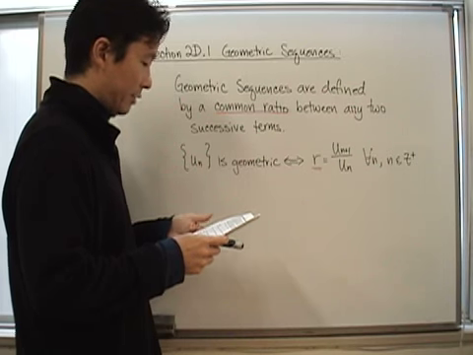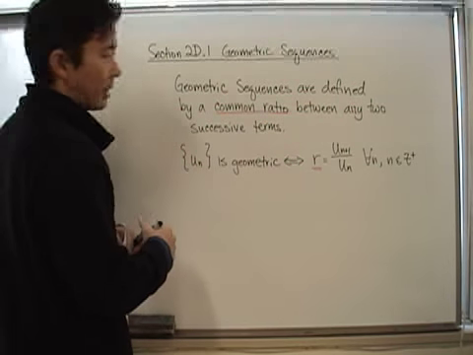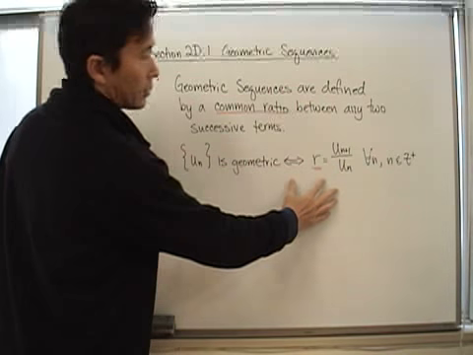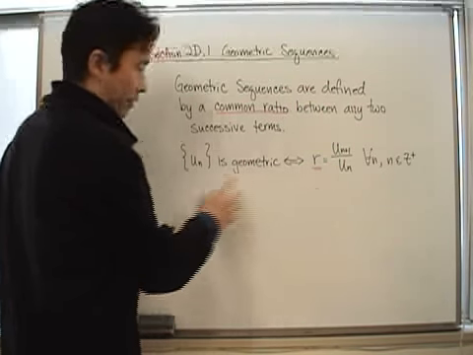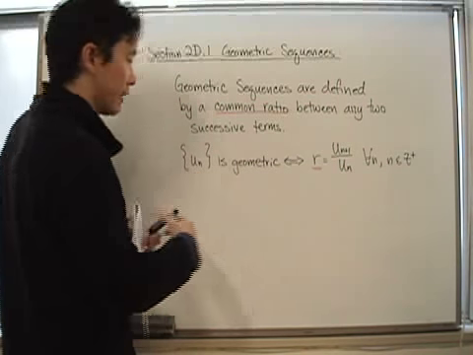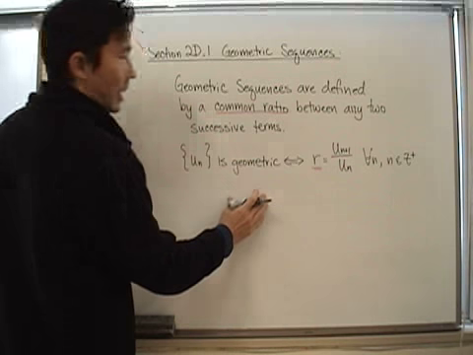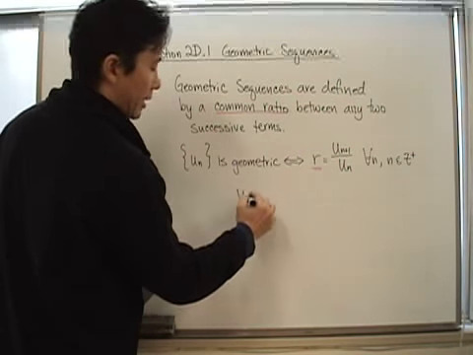Okay? So basically what we want to be able to do is generate the algebraic expression for the entire sequence once we know that it is in fact geometric. If we know that a particular sequence is geometric, we can use this formula here.